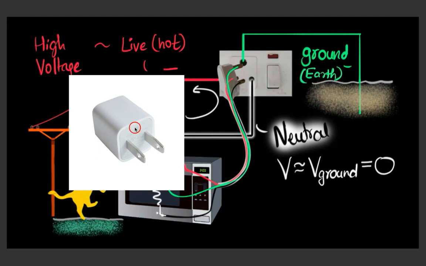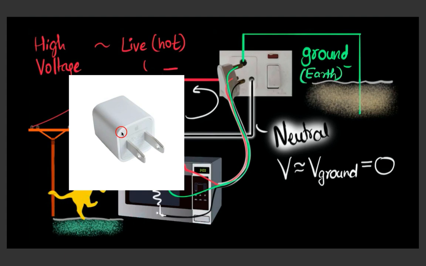The reason why you don't need a grounding prong for certain devices is because for an iPhone, for example, it isn't actually a potential difference of 120 volts that is being maintained across your phone itself.